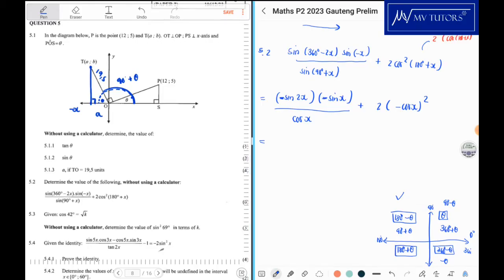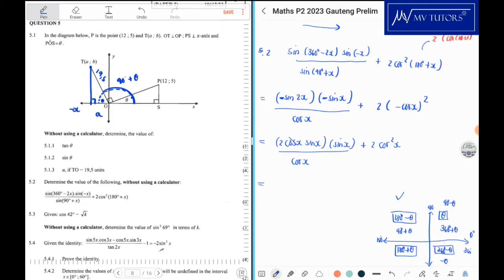Okay, so then I have 2 cos x sine x. I have sine x over here, and then I can divide it by cos x. And then here I have plus 2 cos squared x. Okay, so that has simplified my sum significantly.